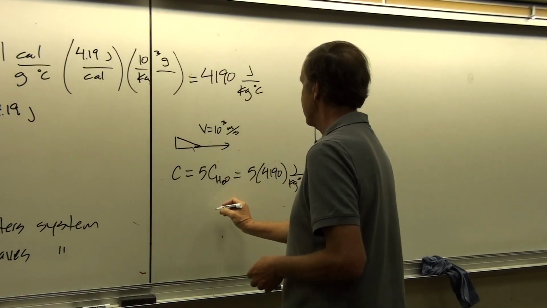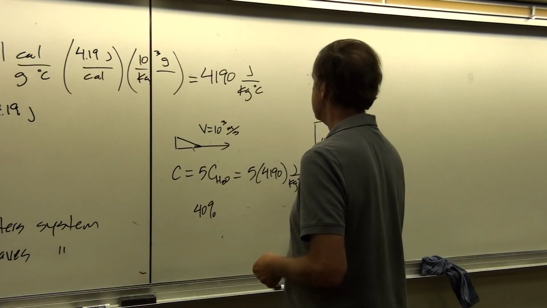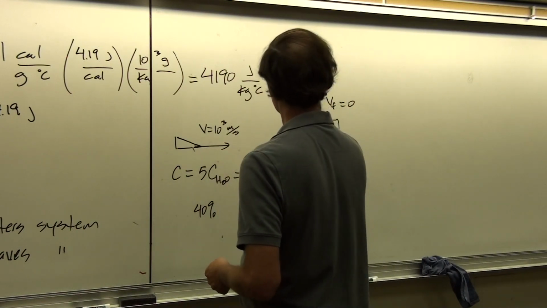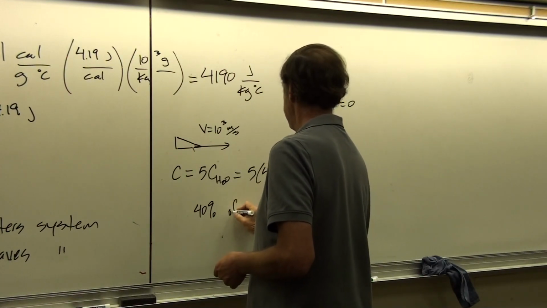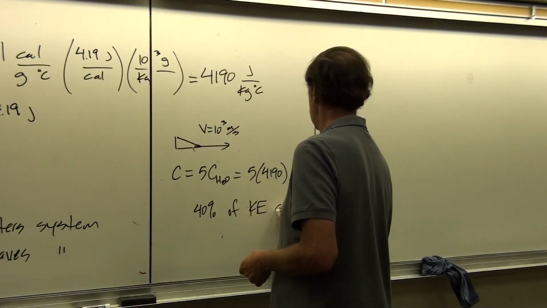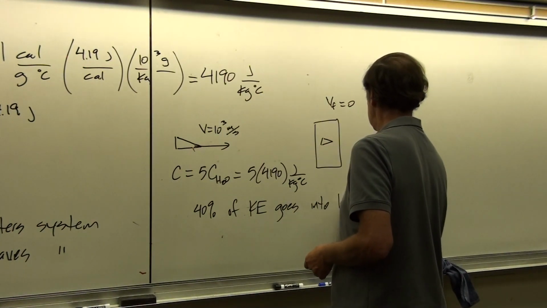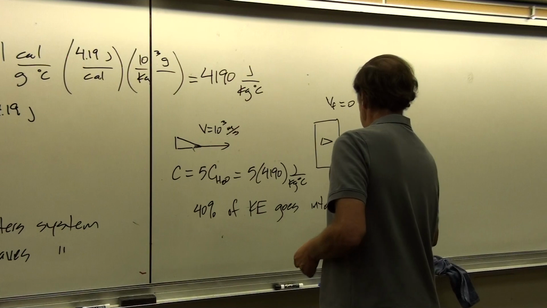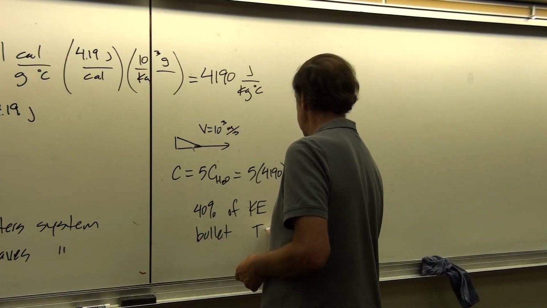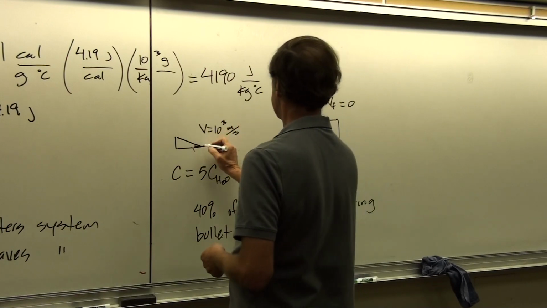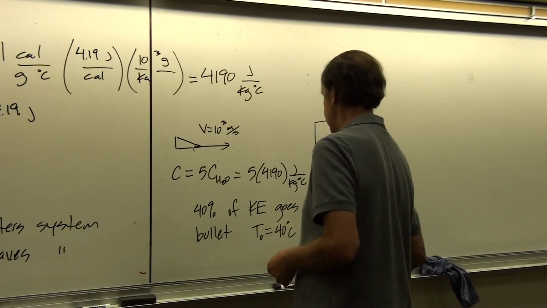And let's say that we're also told that 40% of the heat that is released by the bullet goes into changing the temperature of the bullet. And let's say the bullet's initial temperature is 40 degrees centigrade.